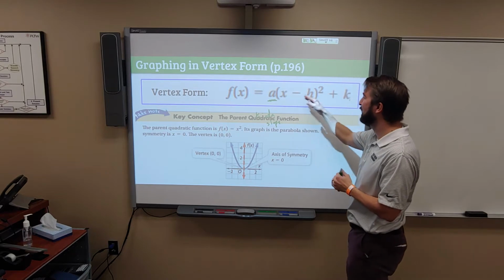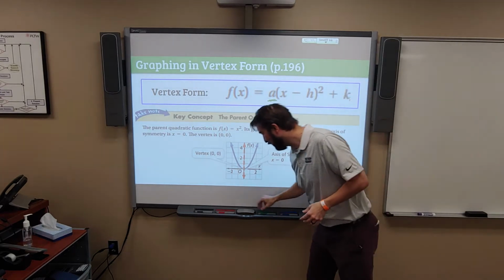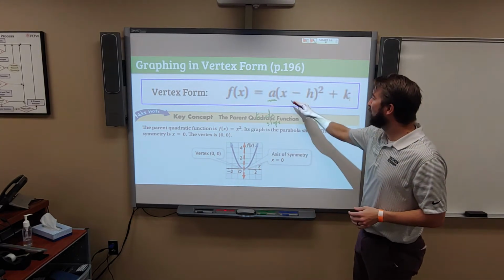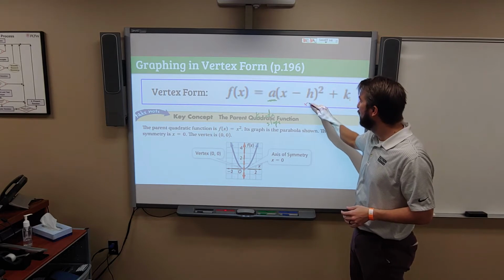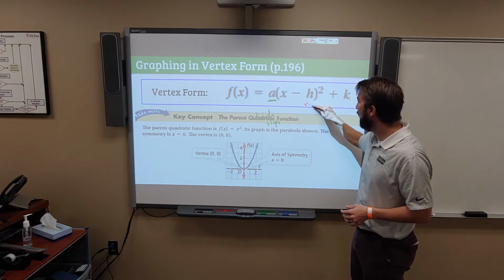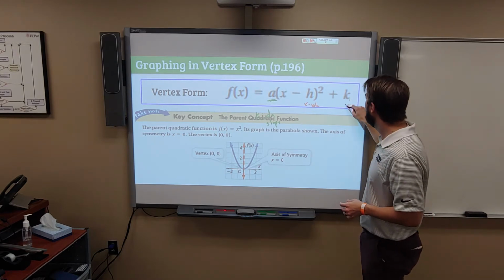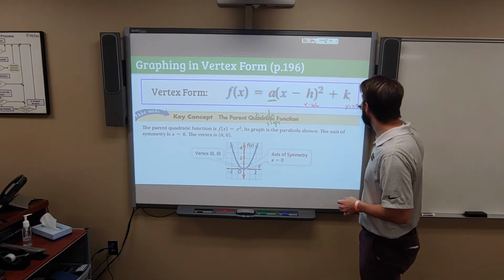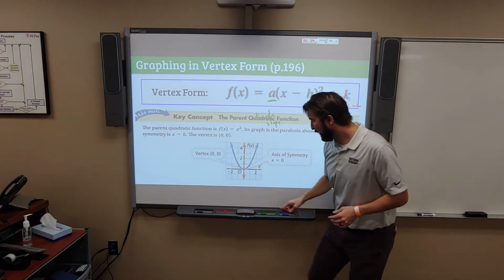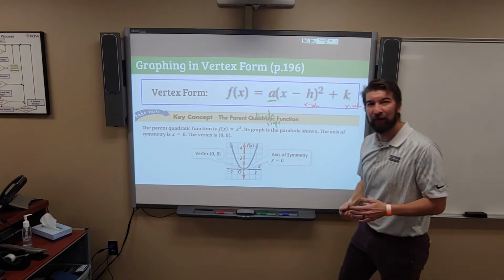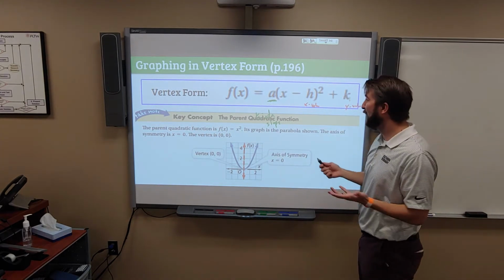Then you have the x minus h, and the h corresponds with the x value, the x coordinate. And then the k corresponds with the y value. Now you'll notice something different about this, and this is how we're going to identify it being a quadratic.